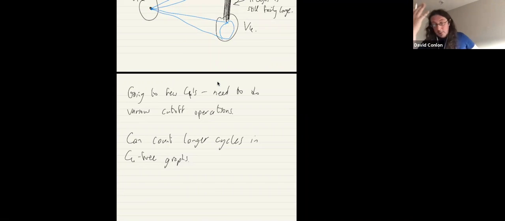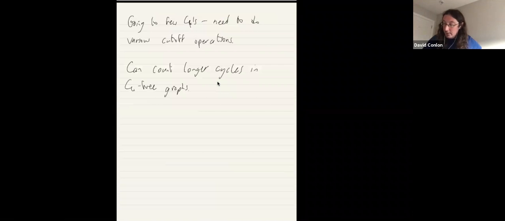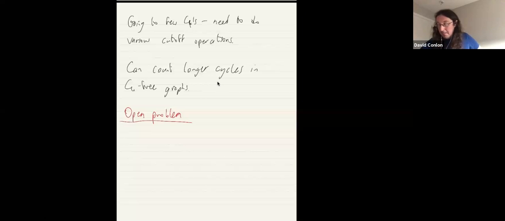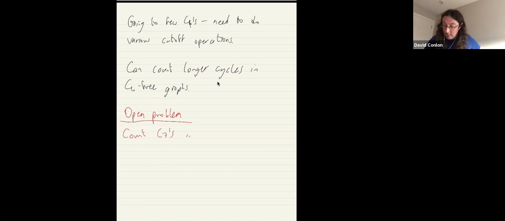But the thing that we can't do, and the thing that I mentioned earlier, is this open problem: count C7s in C6-free graphs.